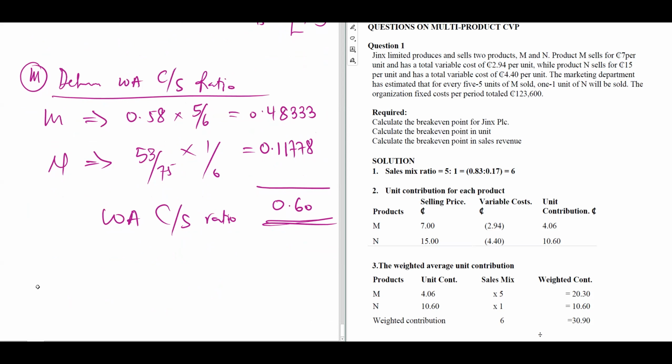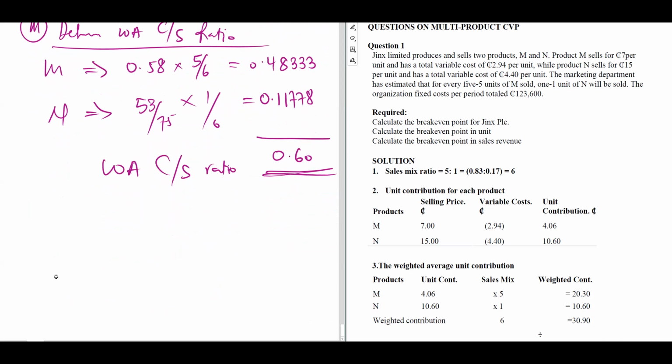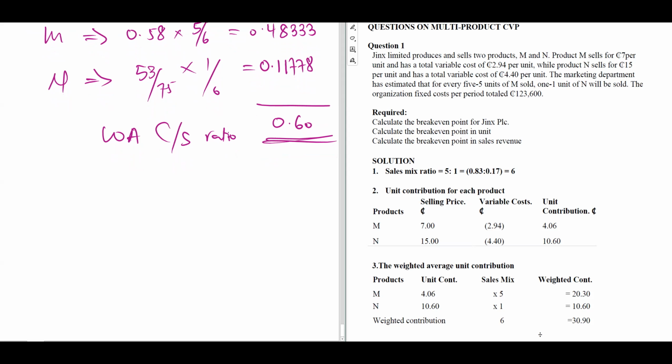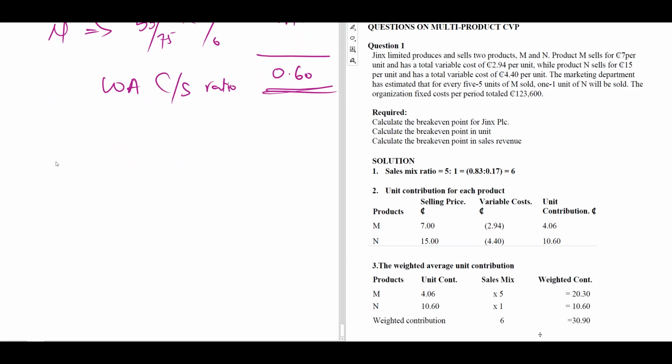We didn't get a perfect fraction, so it's going to affect the figure and be slightly different. That's why I don't like it, but it's just to teach you to understand.